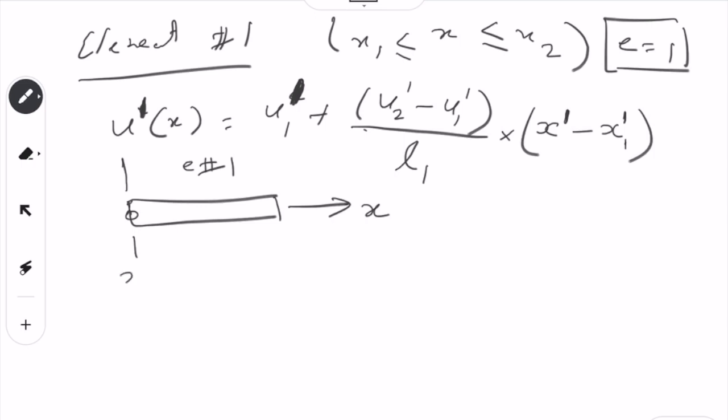We assume this point to be 0, meaning that the coordinate system starts from 0.